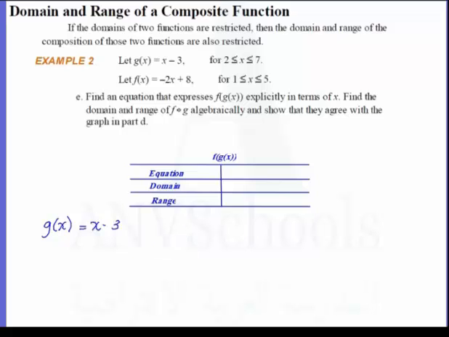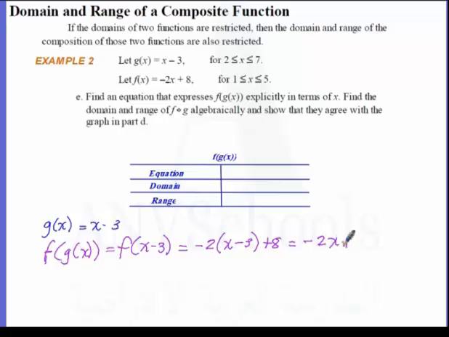Then our f of g of x would be equal to f of x minus 3, and that's equal to negative 2 times x minus 3 plus 8, which is equal to negative 2x plus 6 plus 8, giving us an equation which is totally different from the original functions.